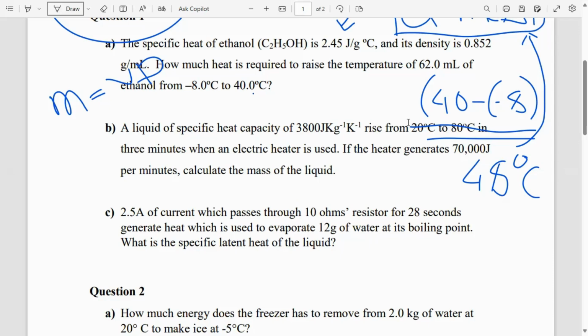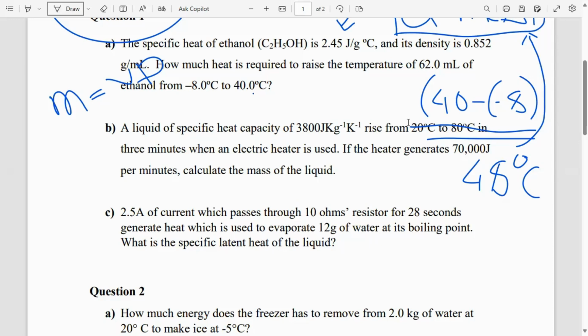So I'll say 20 plus 273. Okay, so that is the initial temperature, 293. Then we have 80 plus 273, which is giving us 353.